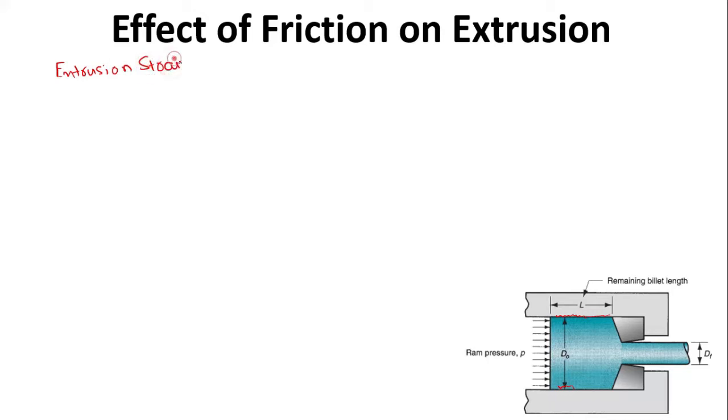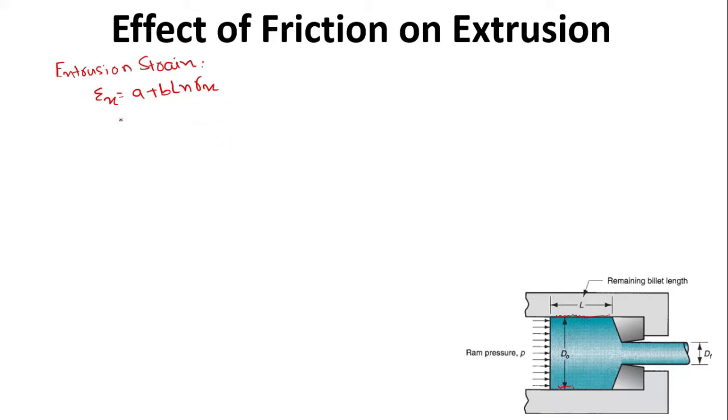And this is the empirical method. The extrusion strain, epsilon x, equals A plus B ln of Rx, right?